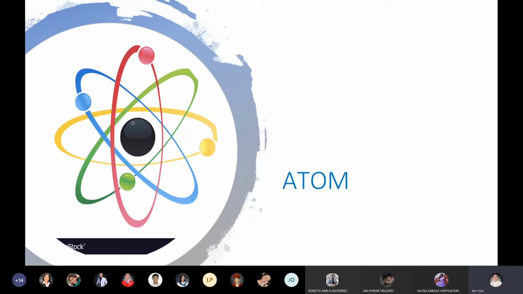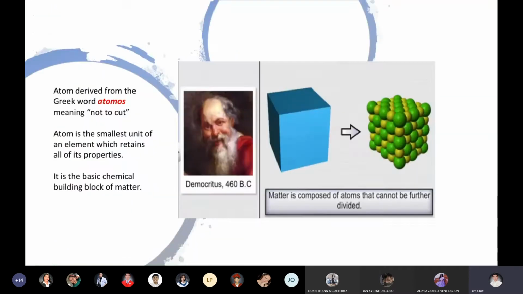Si Aristotle kasi, this person was a politics person, philosophy, politics. But Democritus, iba yung approach niya. He's more on trying to make logical sense sa lahat ng explanation. So the first concept of the atoms talaga came from Democritus.